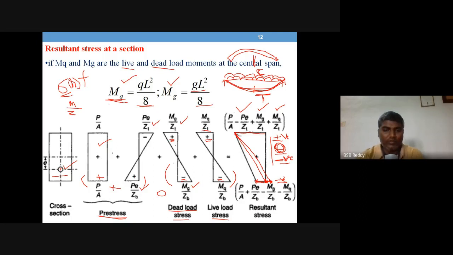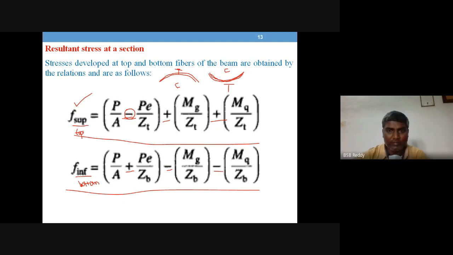So you can see the clear advantage of pre-stress here, why pre-stress is required, and why the tendon should be at bottom only, below the CG line. That is the necessity of the pre-stressing tendon being at bottom, to have the opposite nature of bending and opposite nature of stresses compared to the live load and dead loads that are going to be taken up.